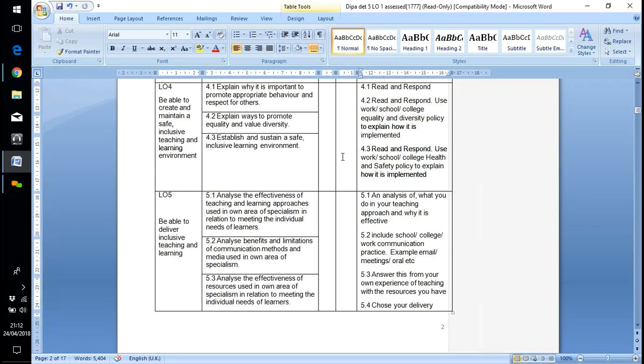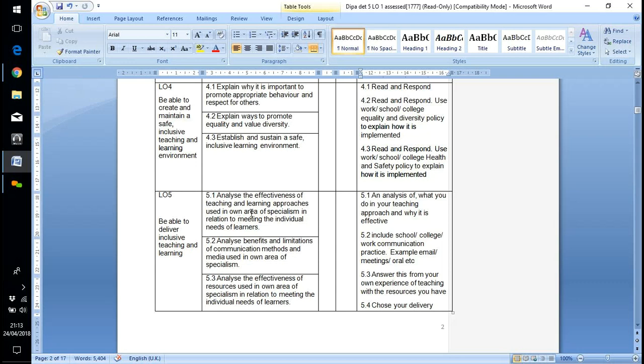When we get down to LO5, it then says, okay, we've done all that, and we're actually teaching now, and we do this and we do that, and we've got policies for this, that, and the other. Analyse the effectiveness of those. Analyse what you're doing now. Is it working? Is it not working? Can it be improved? Do you think it can be improved, or do you think it's great? This is really just asking you to look at everything you've done before and say, well, this is what we do.